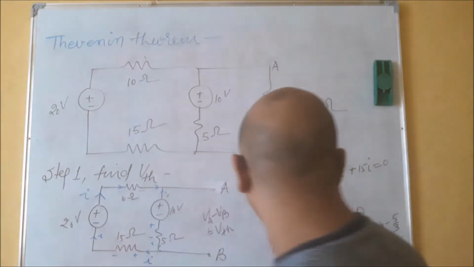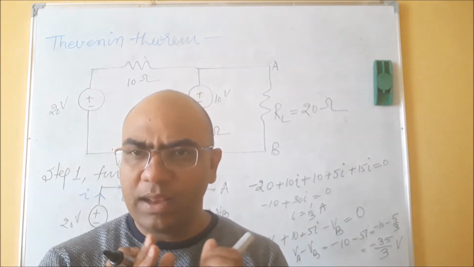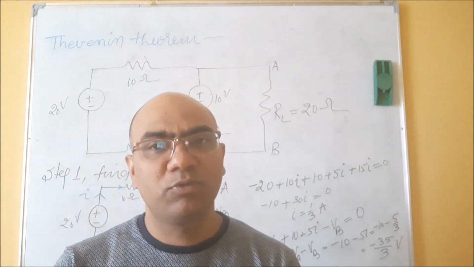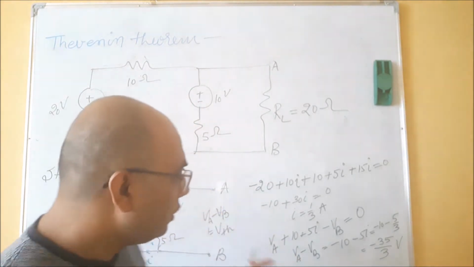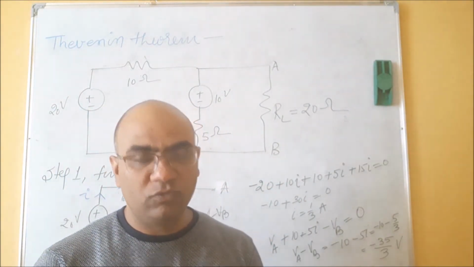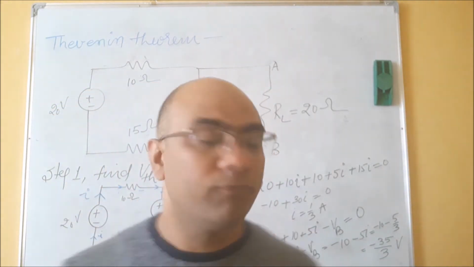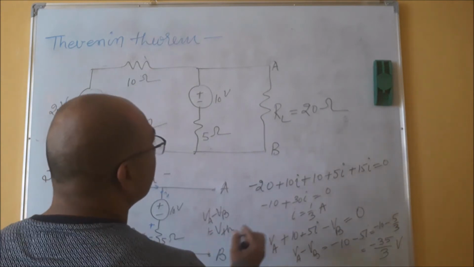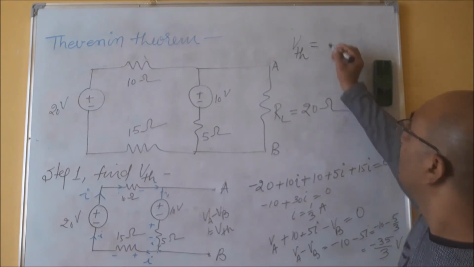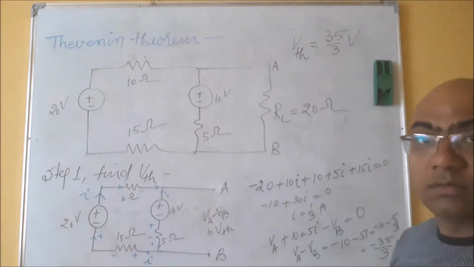So you see the value of VA minus VB is VTH. And here we are not bothering about the sign, whether VA minus VB is positive or negative. So in short, if we are taking only the magnitude, we can say that the value of VTH comes 35 upon 3 volt. Right?